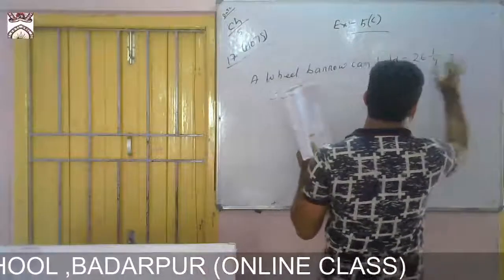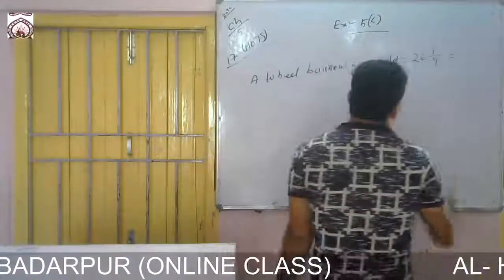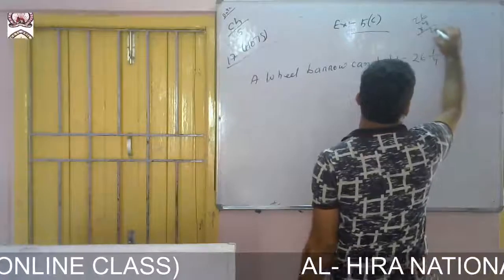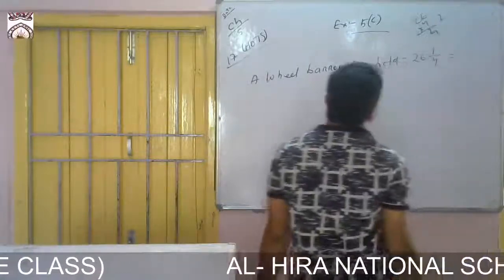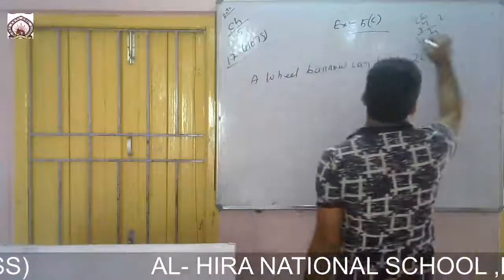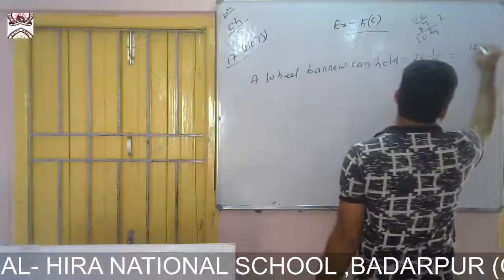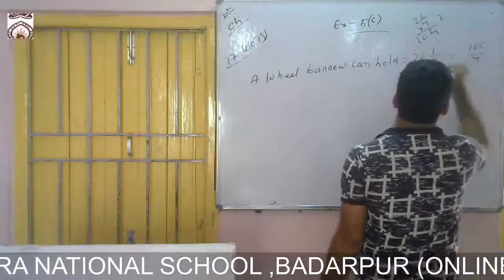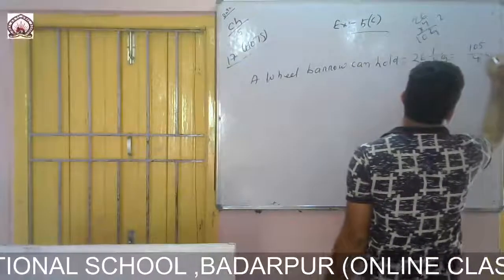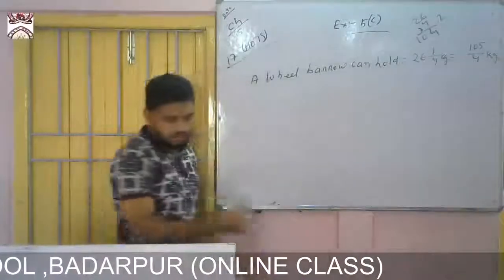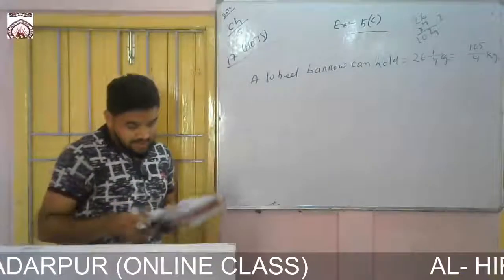If I take this as an improper fraction: 6 4s are 24, 2 4s are 8, 10, 104 plus 1 is 105. So 105/4 kg. Okay.